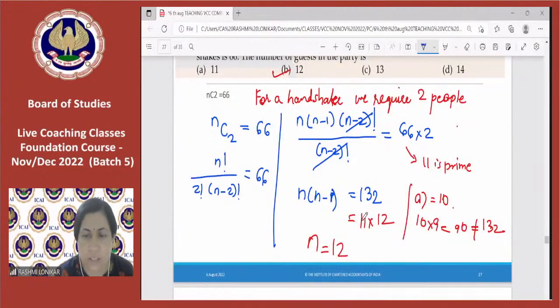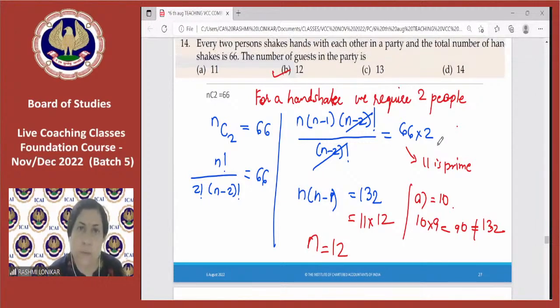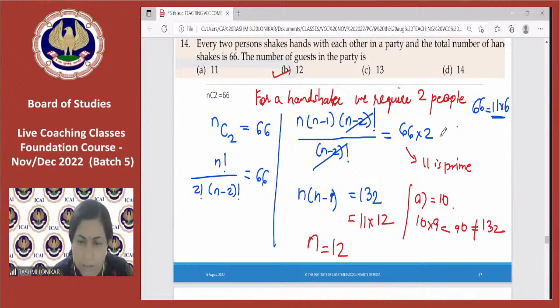No, see here, this is 132. Now I must have 2 numbers, one after the other, whose multiplication I should get 132. But see, 66 is 11 into 6. So 11 is a prime number, I already know. So I will write 66 as 11 into 6 into 2. 11 into 6 into 2 is how much? 132.